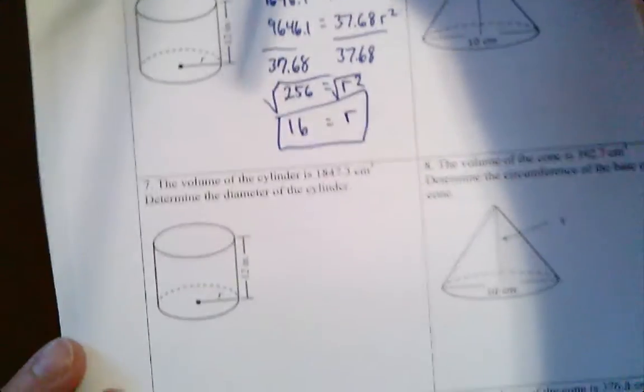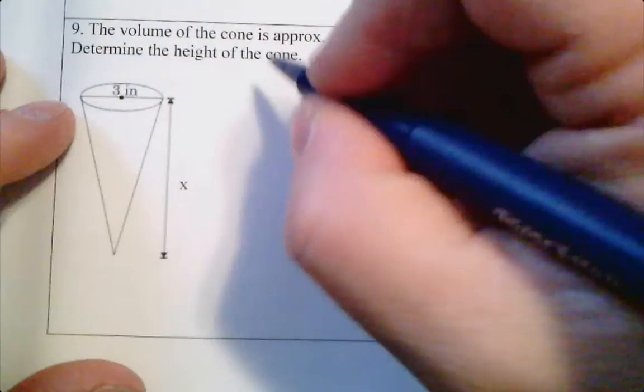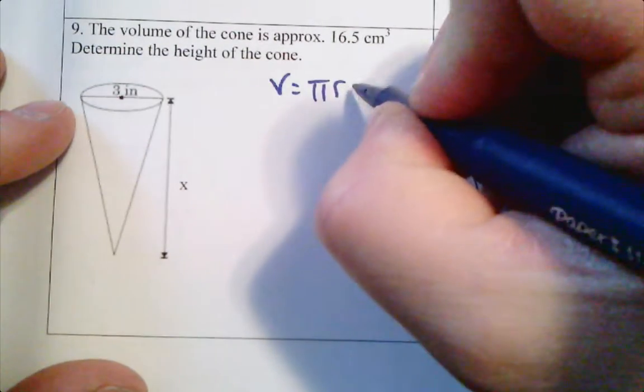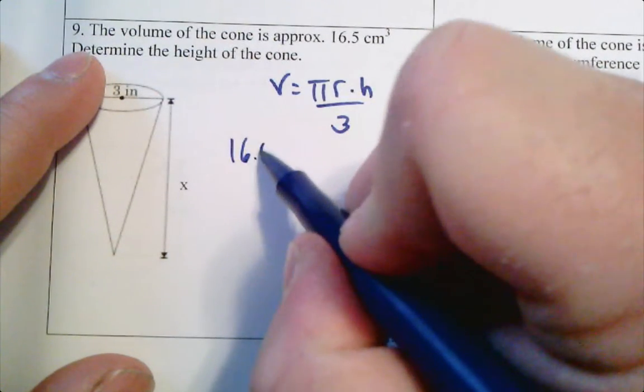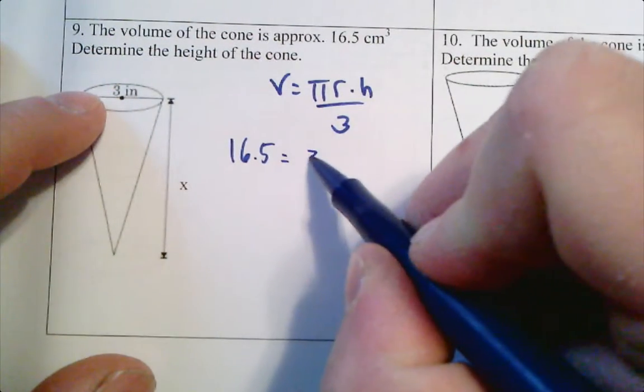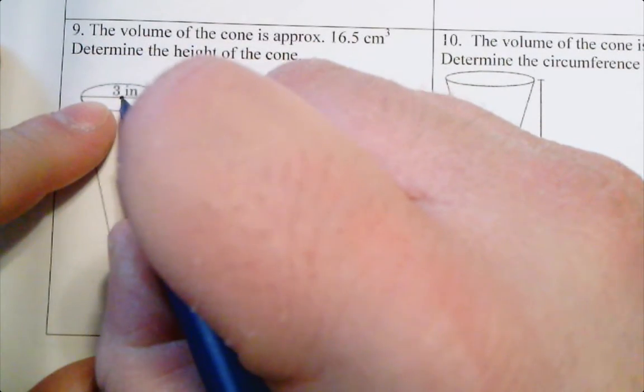All right, one more example to get through with you is number 9. So here goes. This one is volume equals pi r squared times height divided by 3. The volume is 16.5 equals 3.14. My radius here, and this one's a little trickier. Radius isn't 3.